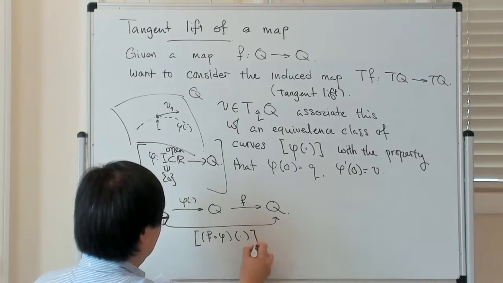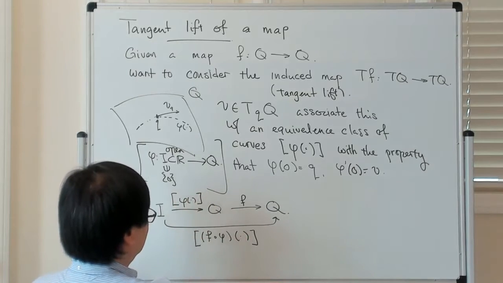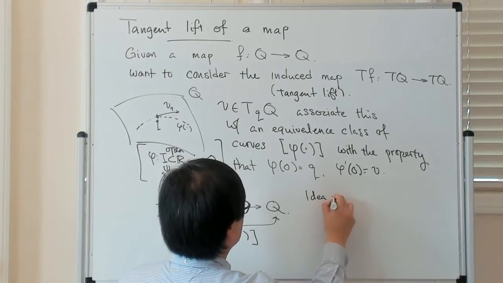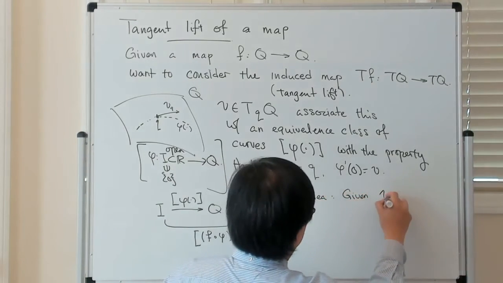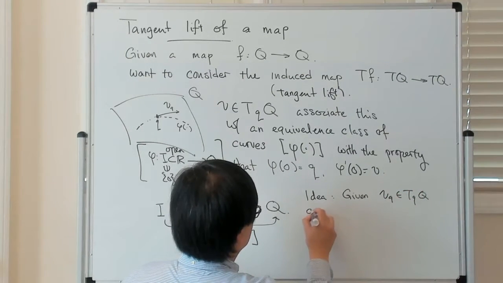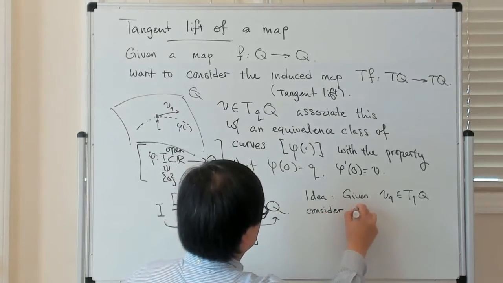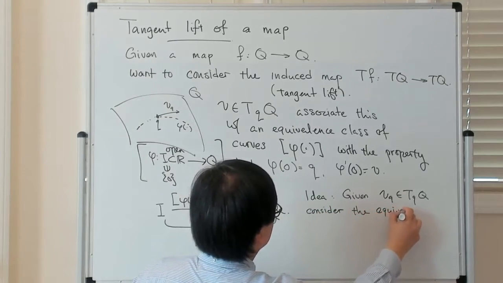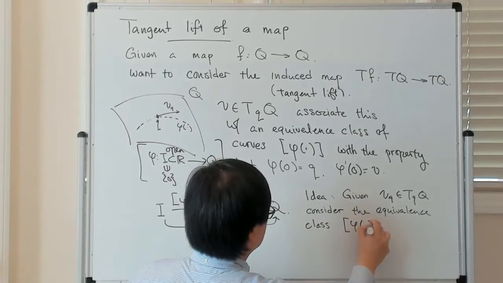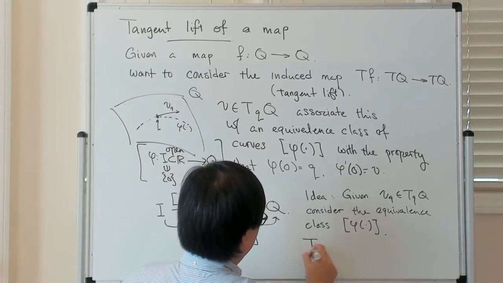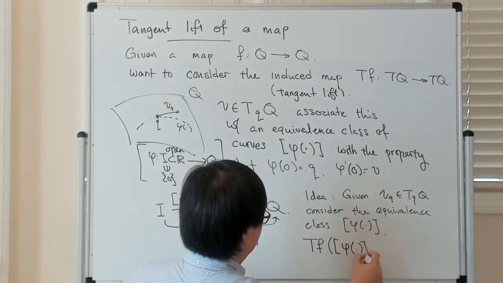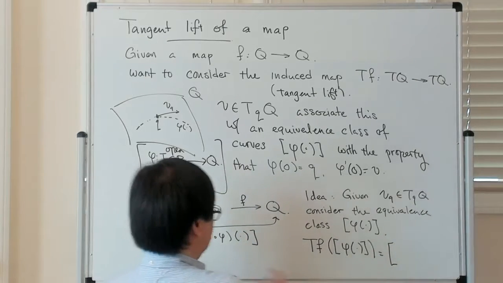Okay, so you can look at this at the level of equivalence classes. The idea is that, given v of q in the tangent space at q to Q, you consider the equivalence class of curves, and then you define T of f acting on this equivalence class of curves to be the equivalence class of curves of this composition.